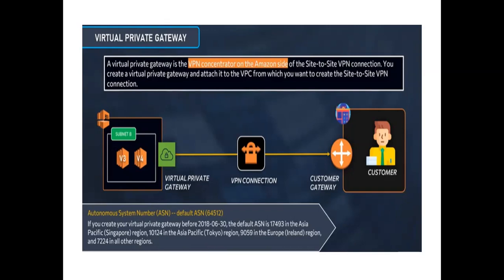Autonomous system number is basically used whenever your routers want to communicate, or one or more IP prefixes want to communicate across the globe. This autonomous system is an internet protocol routing method.